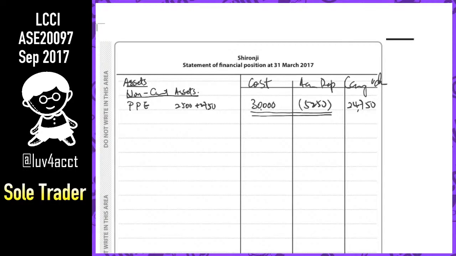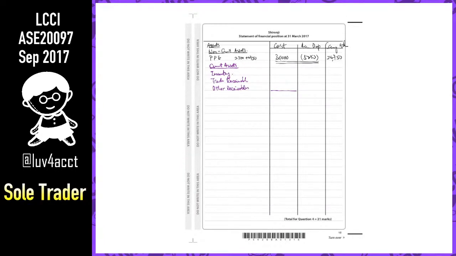Let us go to current assets. We have inventory, trade receivables, and then other receivables. We have a prepayment, right? Other receivables, the two added together. And then we have bank, but we have to see if we got a bank balance or a bank overdraft.